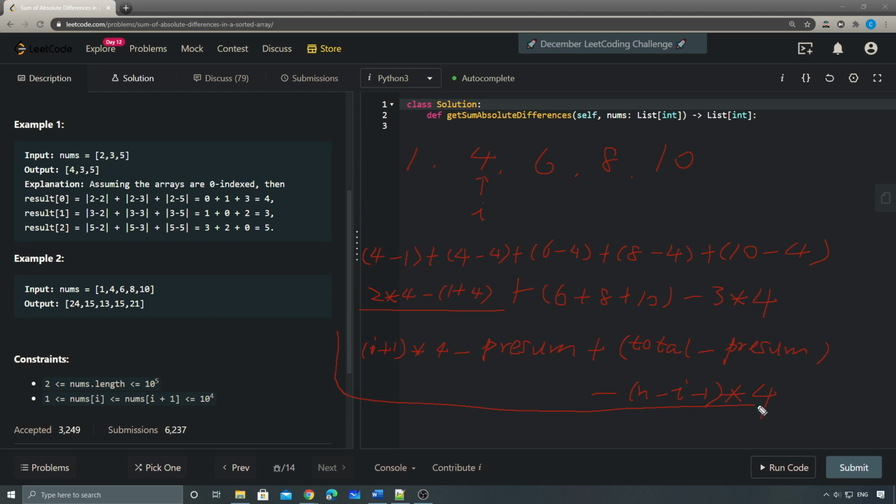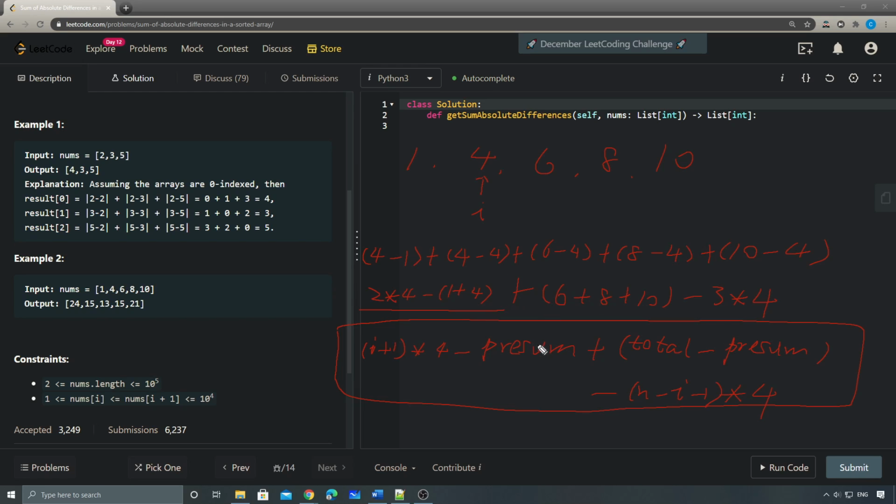This is going to be our formula to calculate each of the numbers. And as you can see, if we compute the prefix sum and the total in advance, this part is going to be O(1). That's how we solve this problem in O(n) time.